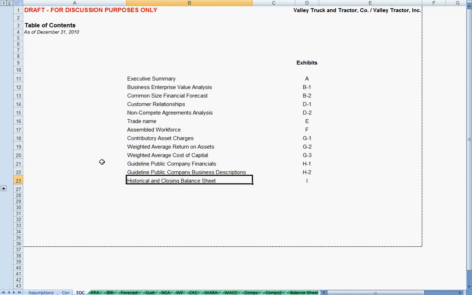Closing balance sheet is the balance sheet that the target that was acquired had at the day of the acquisition. So historical financial information, projected financial information, which plays a role in these two tabs, as you can see, forecast and business enterprise valuation, and then the market data that is compiled in those three tabs.